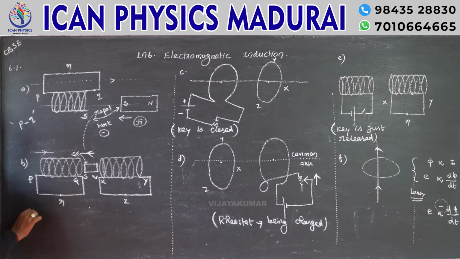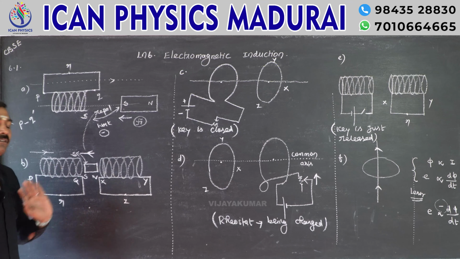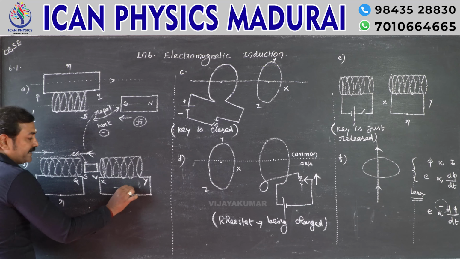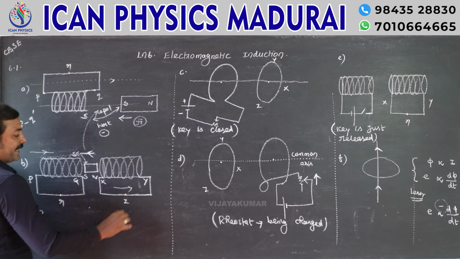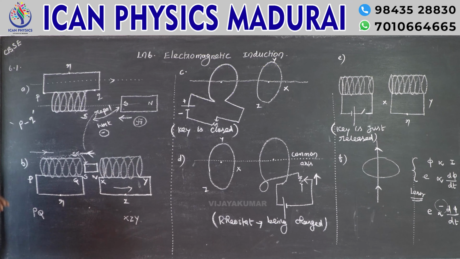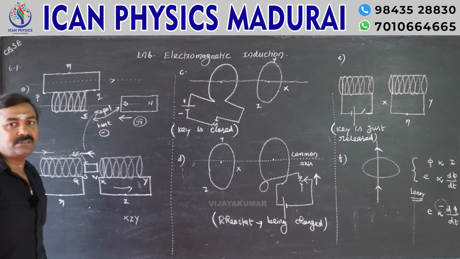So, it will be from P to Q. At the same time, when you go to the next coil, when the magnet is moving away in this direction, the induced current is flowing in this direction, then it is X, Z, Y. Okay, do you get it now? Do you have any doubts?